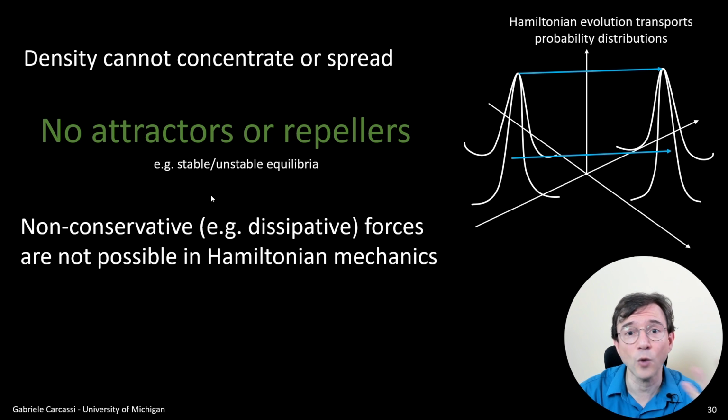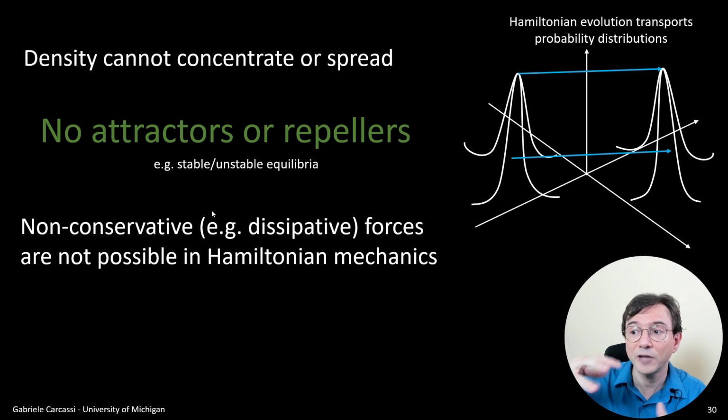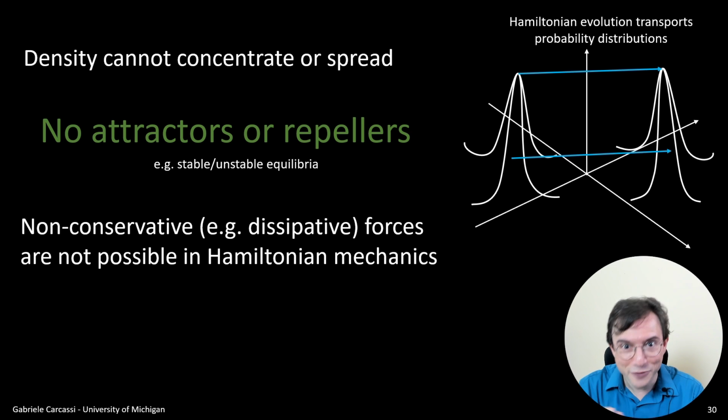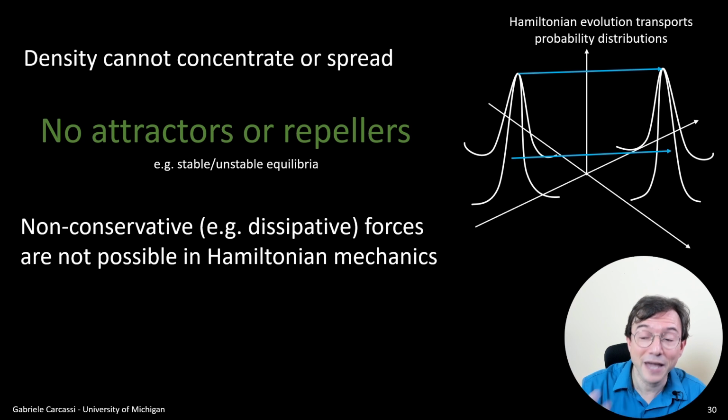And so this is why I said in other videos before that Hamiltonian mechanics cannot give you dissipative forces that are not conservative, because you can't have an attractor, you can't have a probability distribution that shrinks in a space. So this is really a better way to understand why Hamiltonian mechanics can't give you this type of motion.